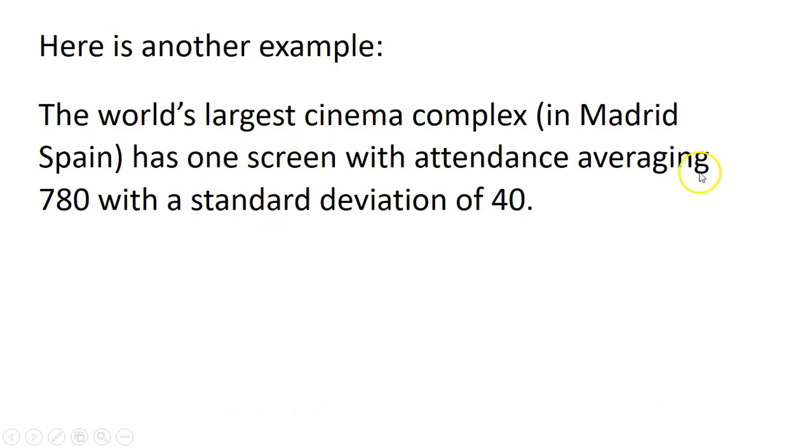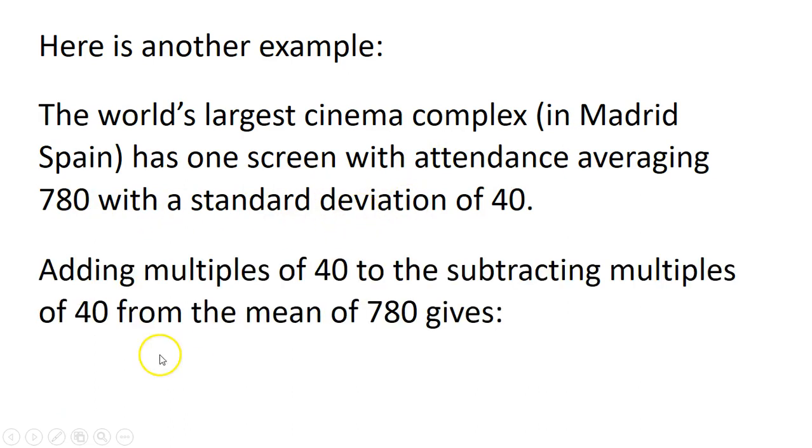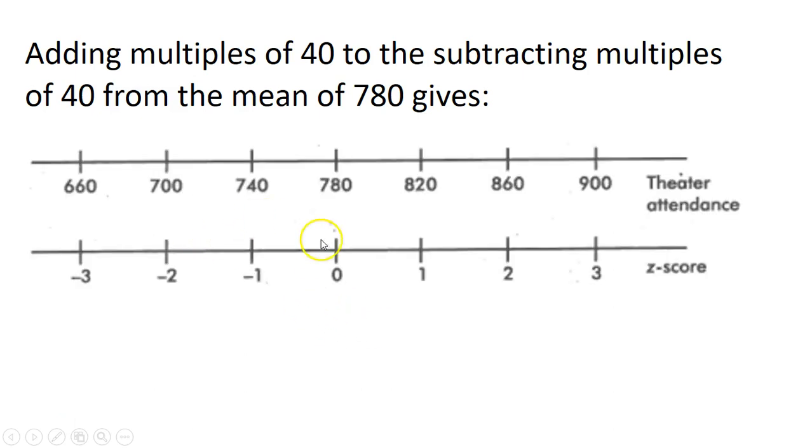Here's another example. The world's largest cinema complex is in Madrid, Spain, and has one screen with attendance averaging 780 with a standard deviation of 40. So adding multiples of 40 to, and subtracting multiples of 40 from, the mean of 780 gives us, right here is 780, adding multiples of 40, subtracting multiples of 40, that's what it gives us.